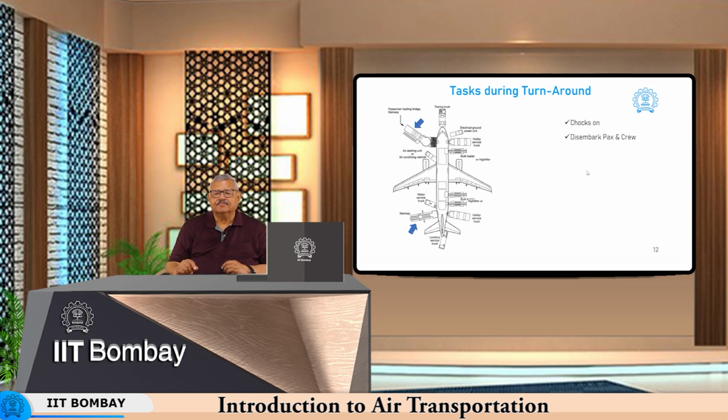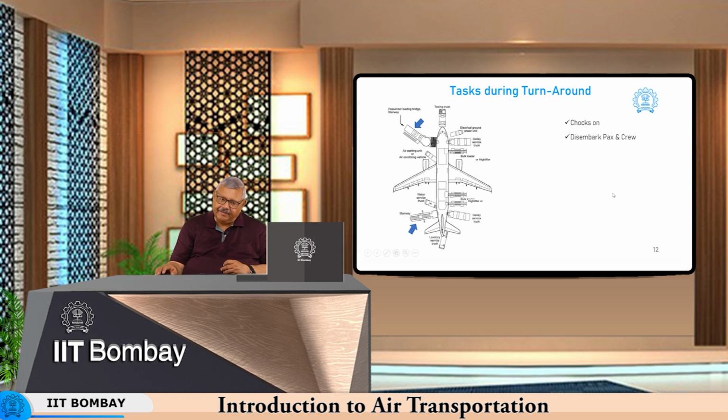For that, you can use a combination of many schemes. Some airlines use a stairway, and then there are buses which take you to the terminal building. In modern times we see passenger loading bridges being used to directly allow people to go to the terminal building without the need for ground transportation.